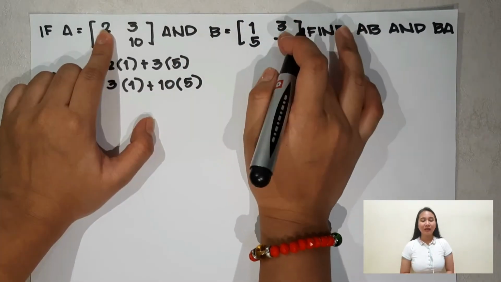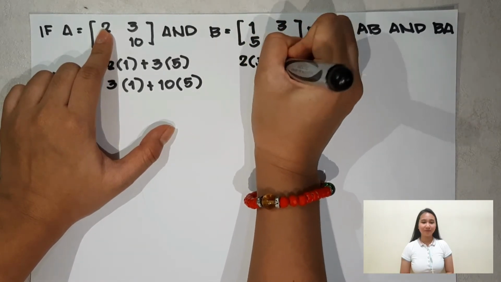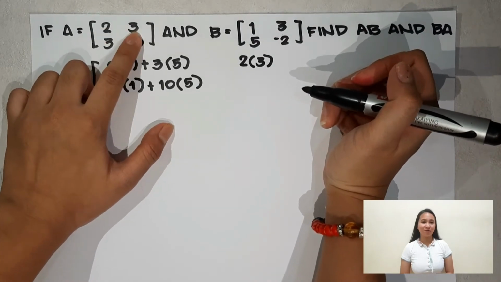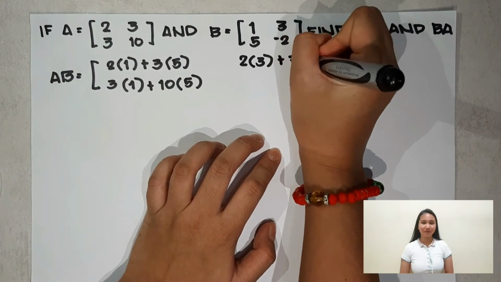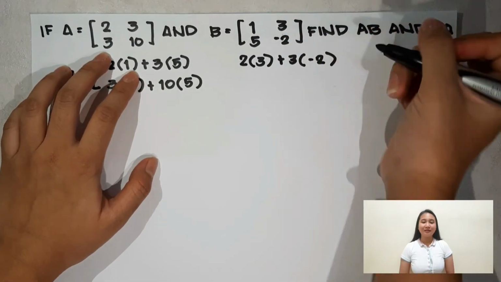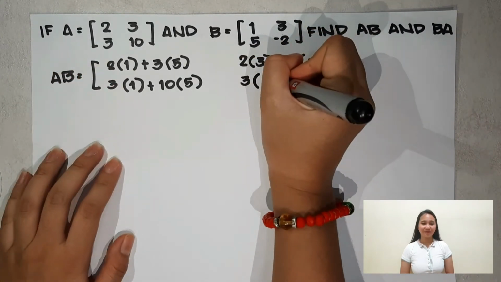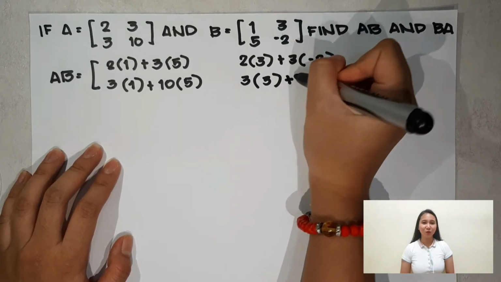Then 2 times 3 plus 3 times negative 2. Then 3 times 3 plus 10 times negative 2.